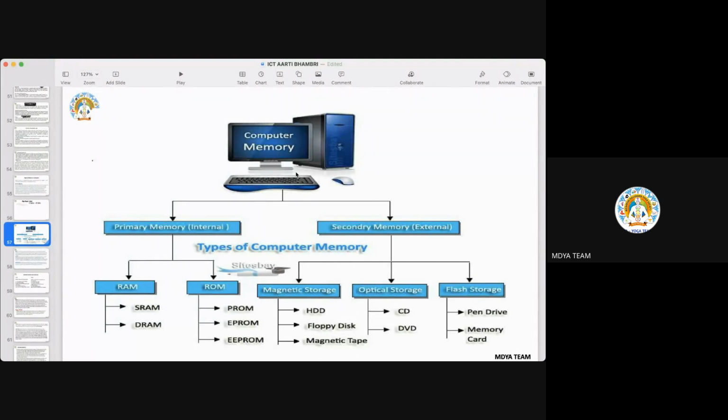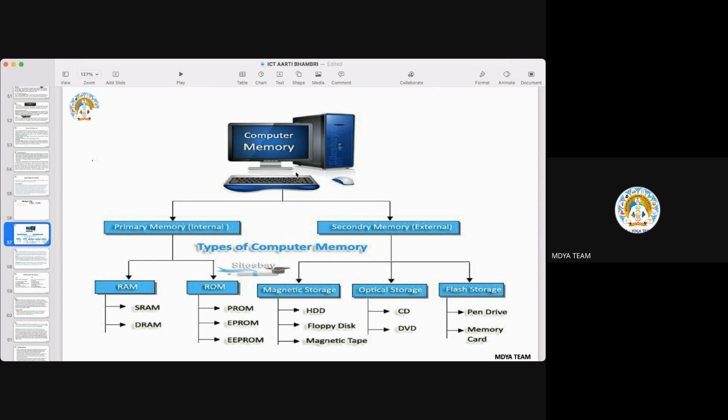Magnetic storage means some magnetic material coating was there in such devices: HDD, that is the hard disk drive, floppy disk, and magnetic tape. These are the magnetic storage, with some magnetic material over it and a pointer which stores the data.